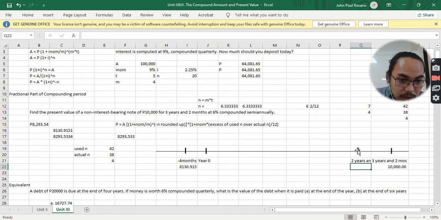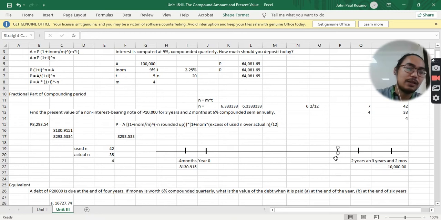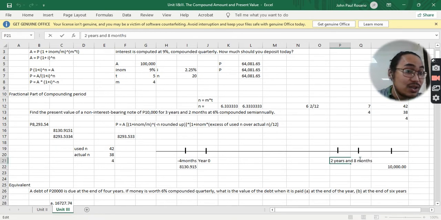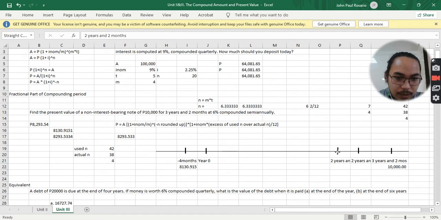So the second time that we would move, 2 years and 8 months minus 6, that will give you 2 years and 2 months. So another one.